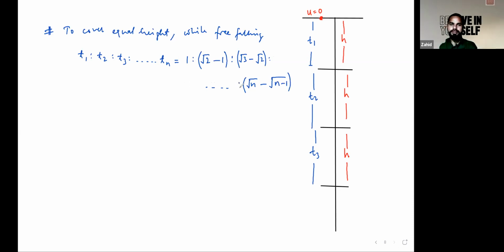Just remember this relation. It will be asked directly to define the ratio of time to cover equal height, or the ratio of height traveled in the same amount of time.